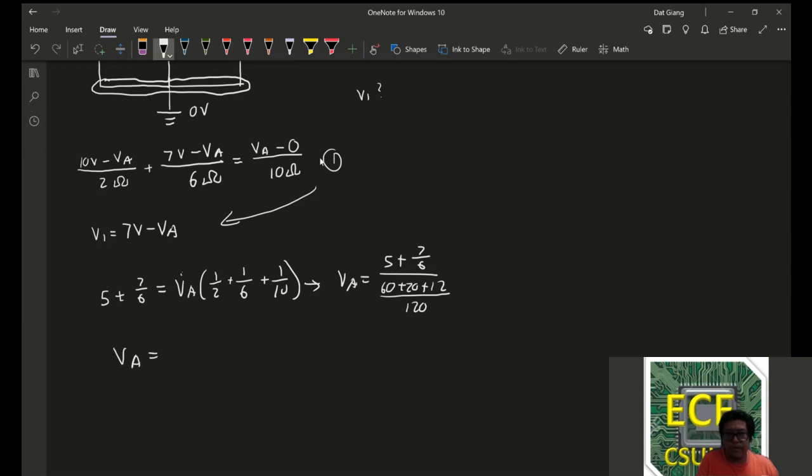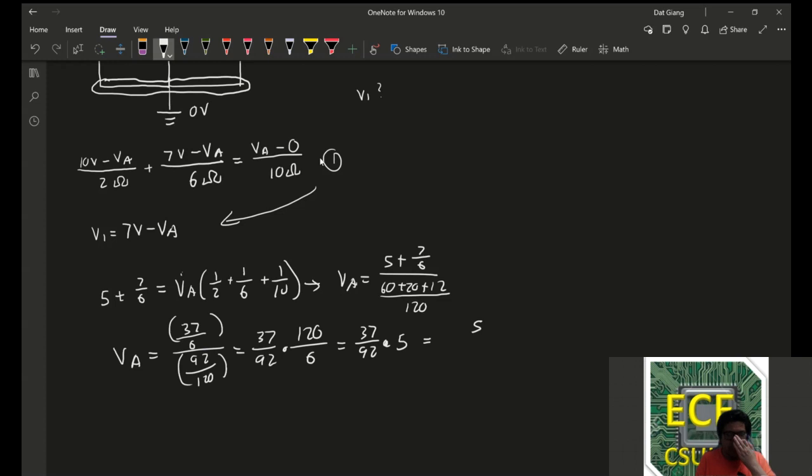So VA is going to equal 37 divided by 6, divided by 92 over 120. I'll put parentheses so we avoid any confusion. And then this is equal to 37 over 92 times 120 divided by 6, or 37 over 92 times 20, which is 5 times 3, so we have 185 divided by 92.